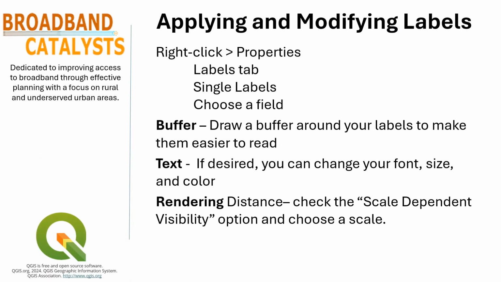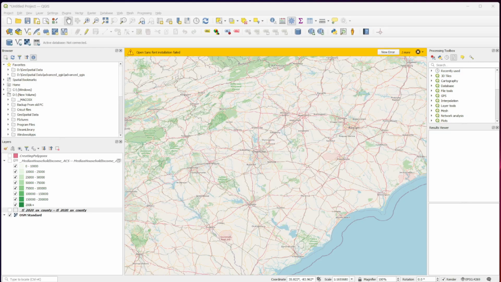In this video, we will look at applying and modifying the labels in your GIS project. Here you can see I have a project open in QGIS. I have my map centered around Charlotte, North Carolina, and the layers that I have in my project are the OpenStreetMap standard.